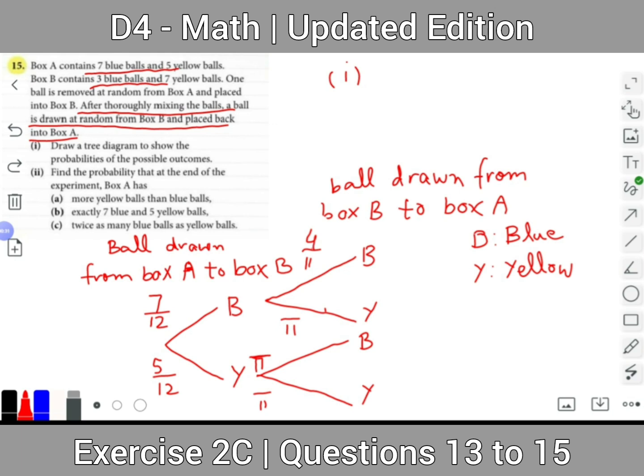So the probability for the blue ball drawn from box B to box A will be 4 over 11, and since the number of yellow balls in the box B is 7, the probability for the yellow ball will be 7 over 11.